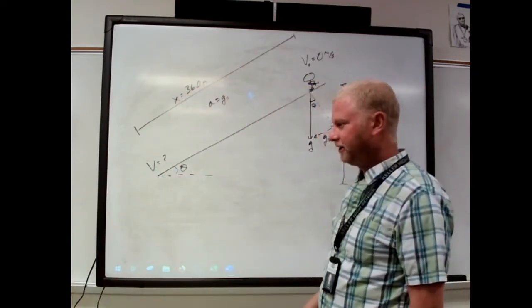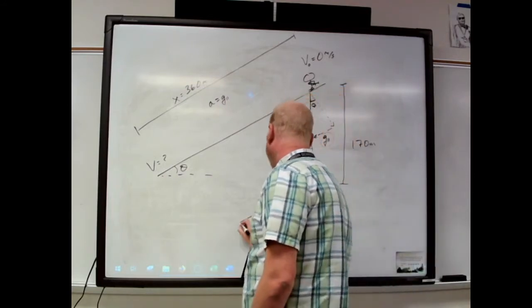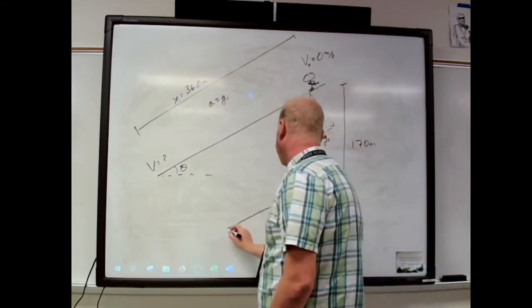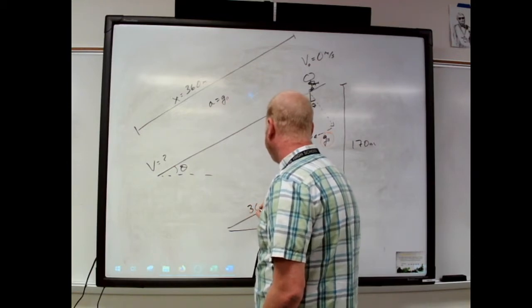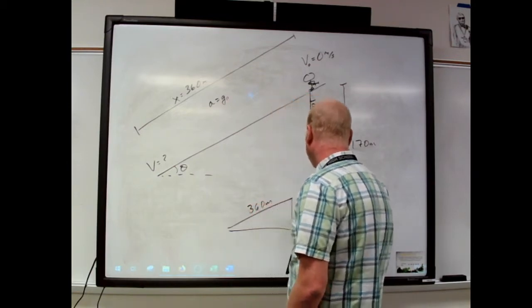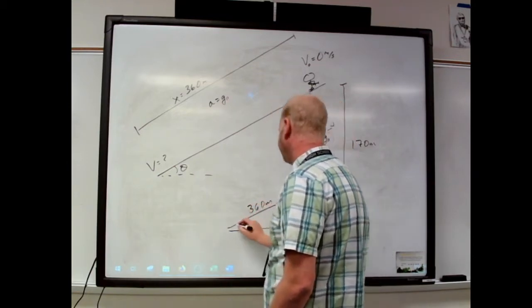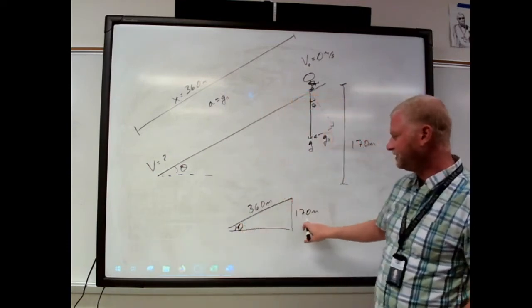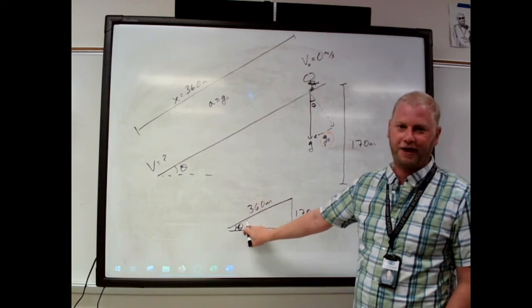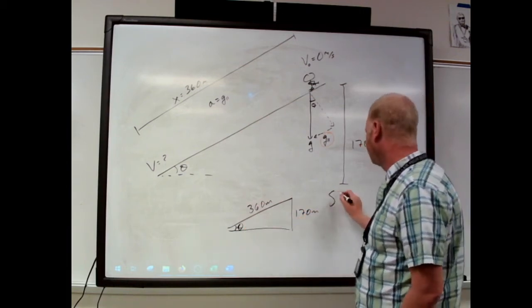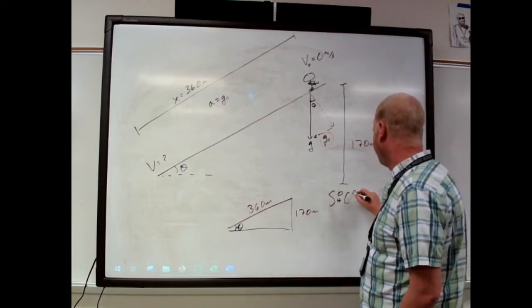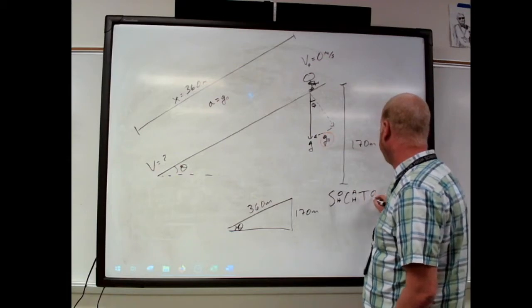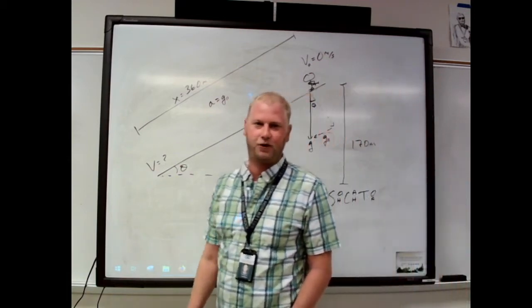But we are given two distances. We're given a distance of 360 meters. We're given a distance of 170 meters. Using this information, we can find our unknown angle theta, right? So when your math teachers showed you this, they weren't lying that it doesn't go away, right?